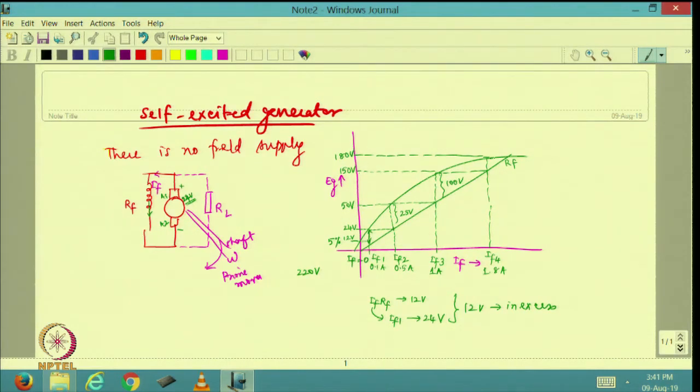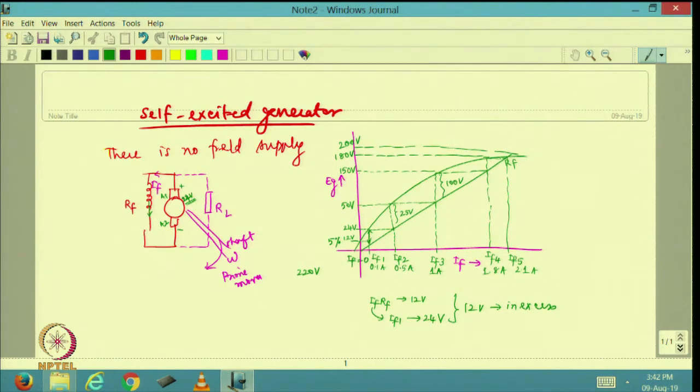Now, when I go to a little higher value of field current, let us say this is IF5, which is maybe 2 or 2.1 amperes, I would have reached a maximum value of actually 200 or 220 volts.